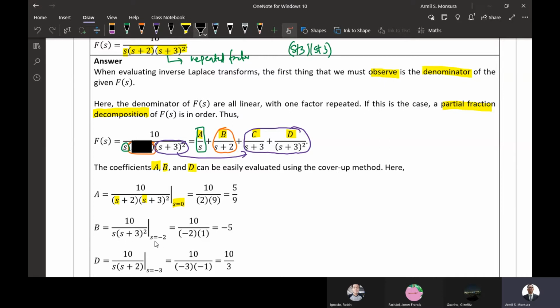But we have to evaluate that when S equals negative 2. Again, tignan nyo itong denominator niya, S plus 2. I-equate natin siya sa 0. So that becomes S equals negative 2. Kaya siya negative 2 here.